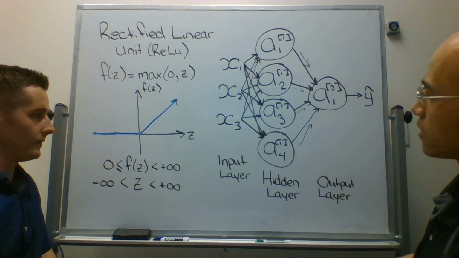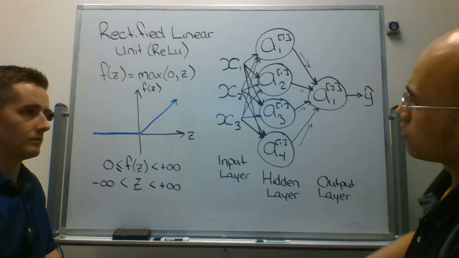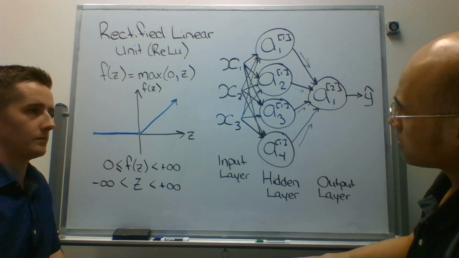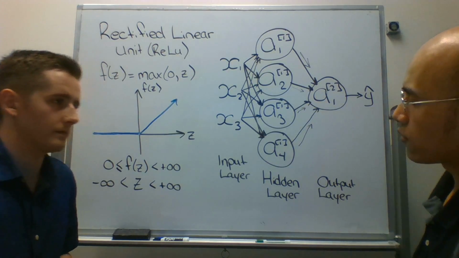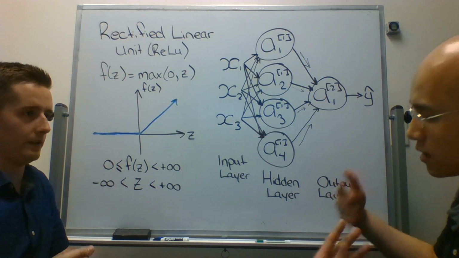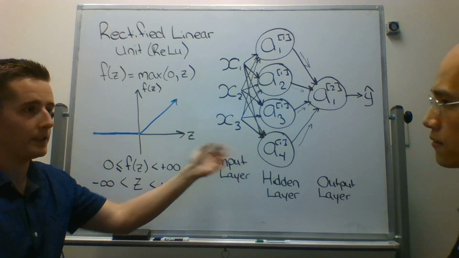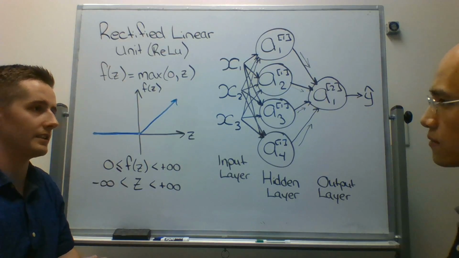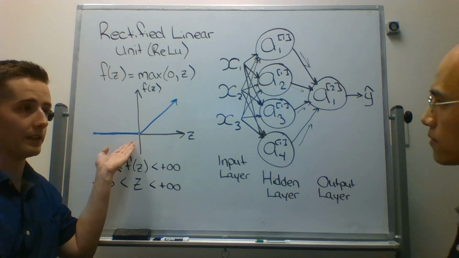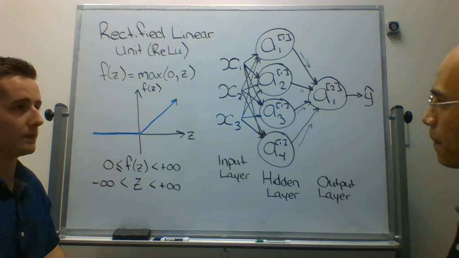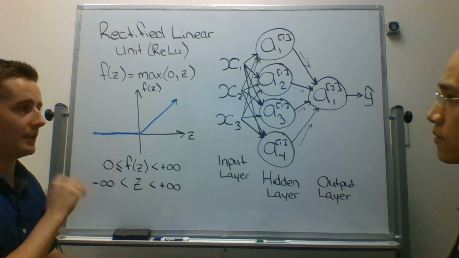Layne, you mentioned that this activation function is used for predicting continuous variables, continuous responses. Especially on our output layer, it will predict any continuous response because it's going to give you anything ranging from 0 to positive infinity. Now, it won't predict negative numbers.